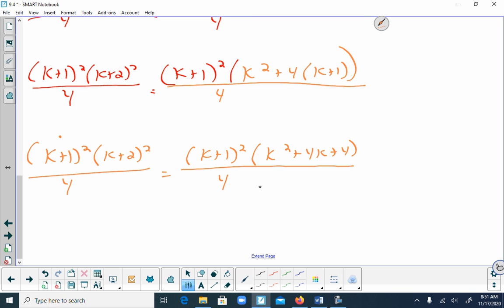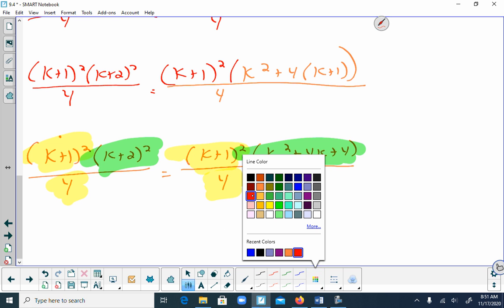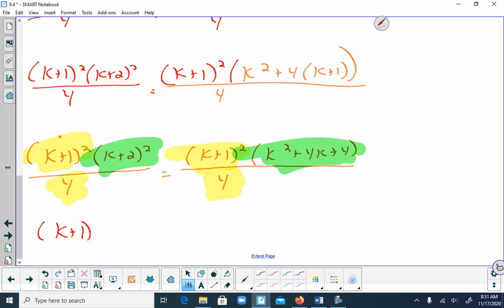When I look at this, the 4 matches the 4. I just got to ask myself, can I make this look like this? And I'm hoping you're saying yes, because I'll leave this as k plus 1 squared over 4.